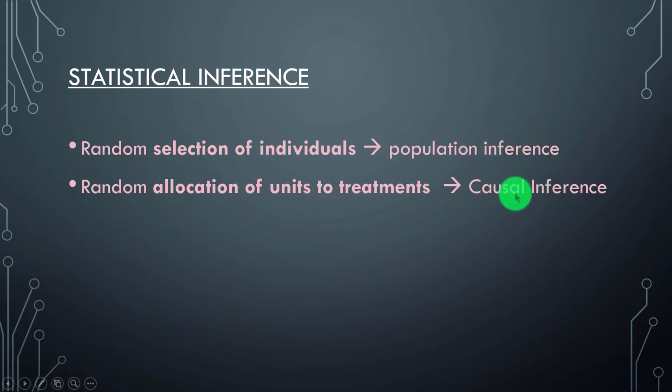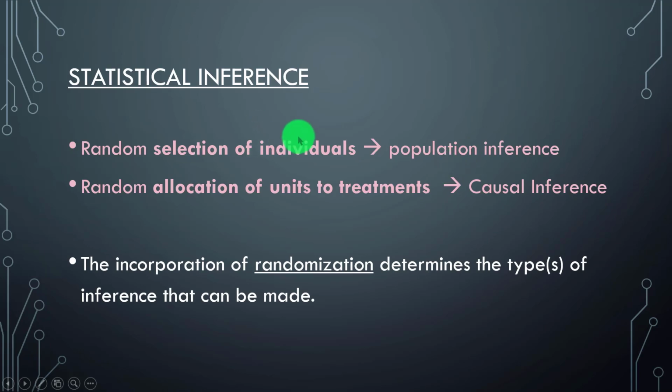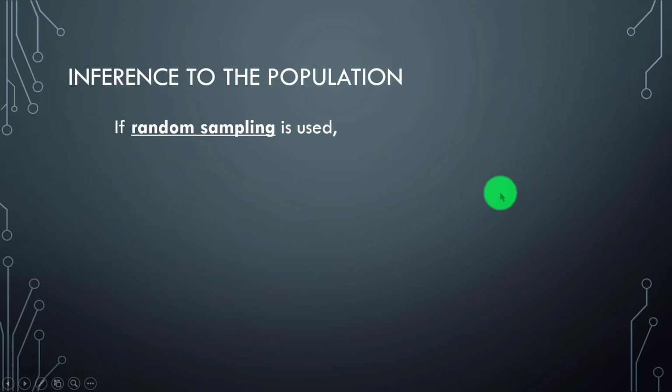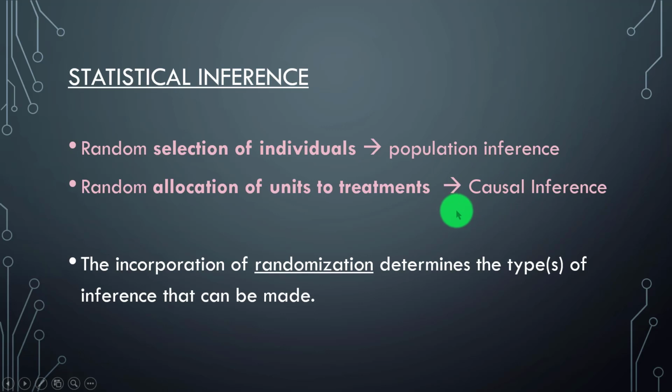These types of inferences do not come for free, but depend on some sort of randomization feature of the study design. So it is the random selection of individuals that allows for an inference to the population, and it is the random allocation or distribution of units to treatments that allows for a cause and effect inference to be discovered. Let's look at both of these in a bit more detail now.